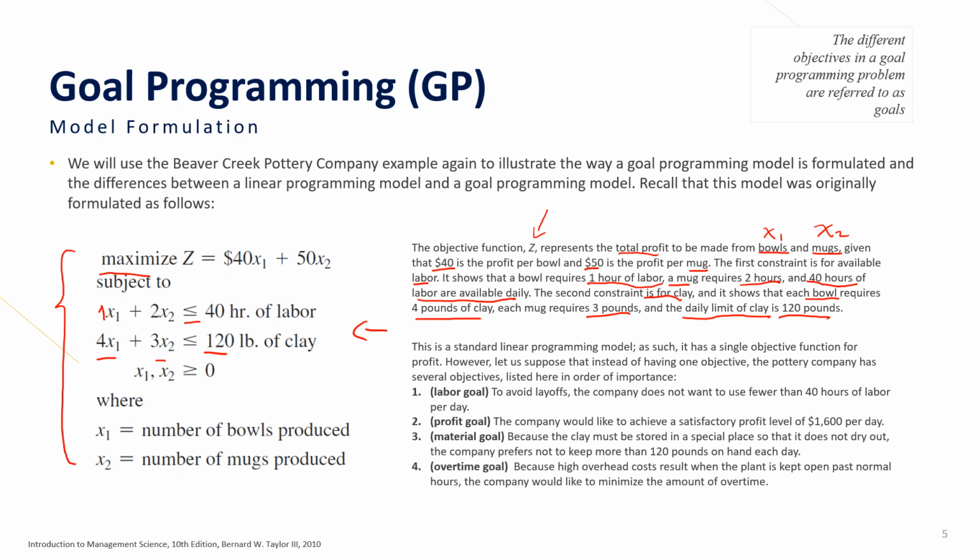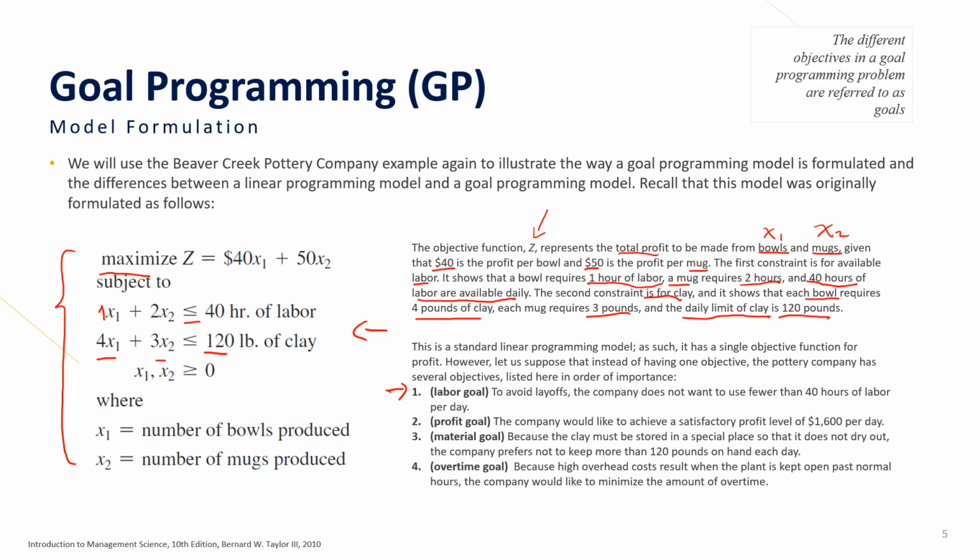However, let's suppose that instead of having one sole objective being considered, the company has listed several objectives in the order of their importance. So they have four objectives instead of only one. The first objective that is important for the company is the labor goal.